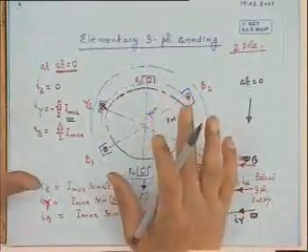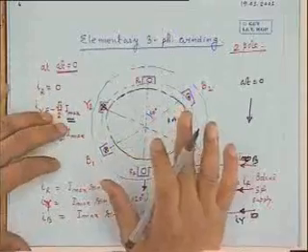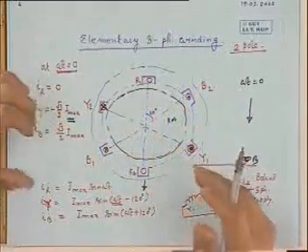Take a snapshot at omega t equal to 30 degree, freeze that, and see what the current distribution is at that one. And you can do it for several instants of time, omega t equal to 60 degree, omega t equal to 90 degree, like that. And try to get a feeling of what is happening to the resultant field distribution along the air gap of the machine. We can do that, we will do that also.